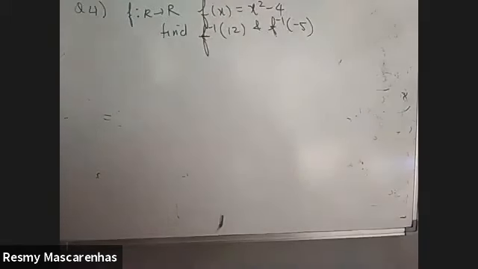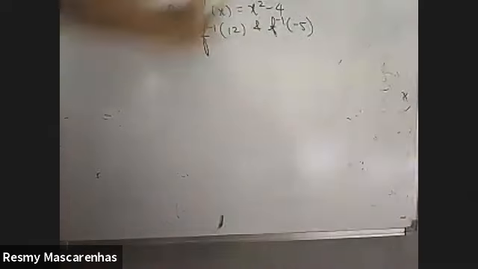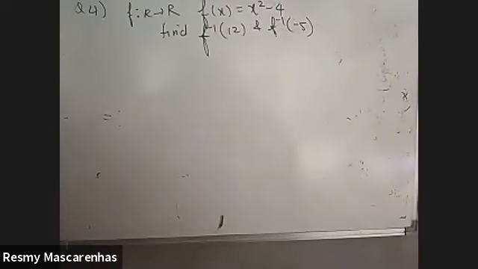Okay. So now what you have to do is find f inverse. Now they have not asked you to show it is bijective and all. First, if they had asked you to show it is bijective, then you have to show it is 1 to 1 and onto. But now straight away you are supposed to find f inverse of 12 and f inverse of minus 5.